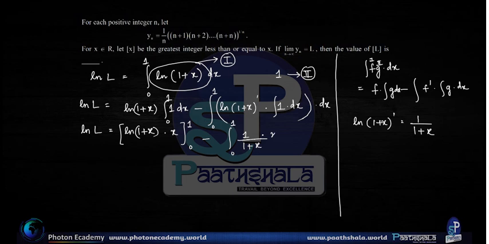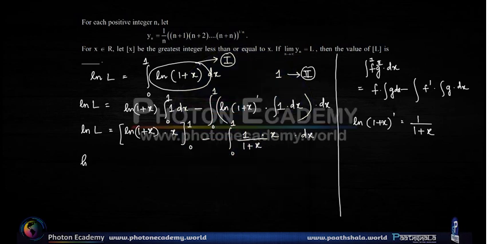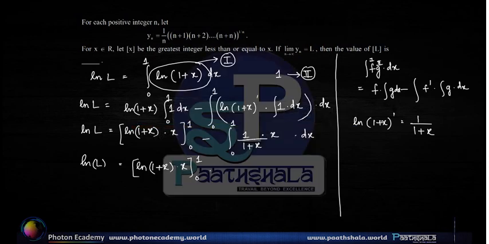So ln L is equal to ln(1 plus x) into x from 0 to 1, minus the integration from 0 to 1 of x by (1 plus x), which is (x plus 1 minus 1) by (1 plus x) dx.